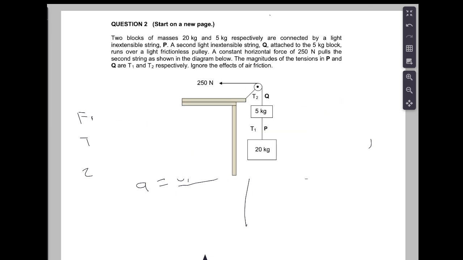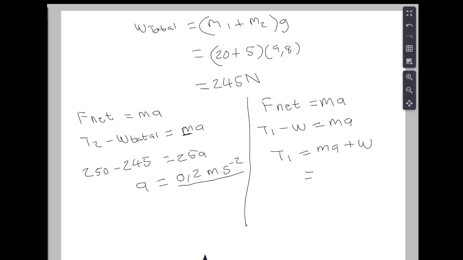Now, the mass that I'm going to use here with respect to T1, I'm only going to use the 20 kg, not the whole system. So I come here and say 20 multiplied by 0.2, then the weight that I'm going to use is 20 as well.